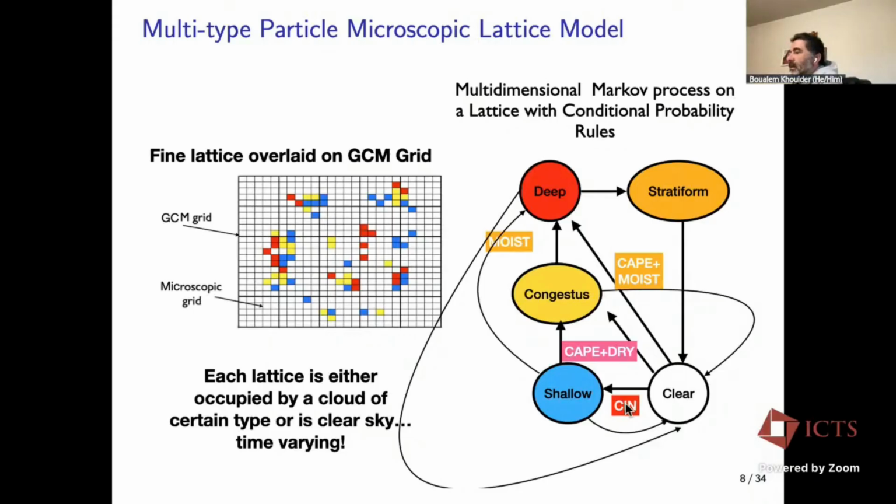There will be high probability transitions. But if you have CAPE and the environment is too dry, then you will likely have transitions to congestus clouds. And then when the environment becomes moist, and actually congestus clouds condition the environment by moistening through detrainment and low-level convergence, then they moisten the environment, and transitions to deep convection will be favored. And once you have deep clouds, then they would transition to stratiform, and then the cycle is kind of closed.